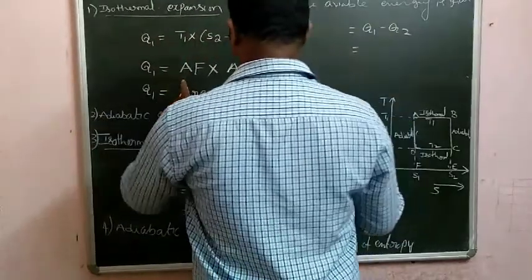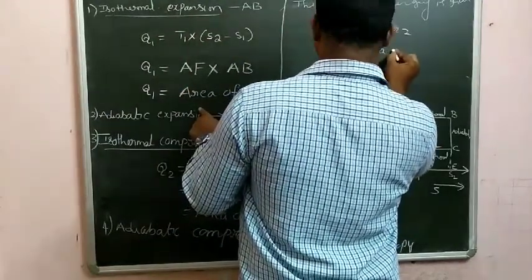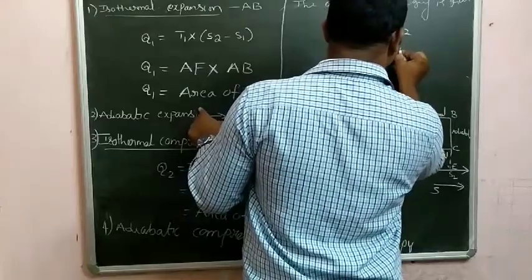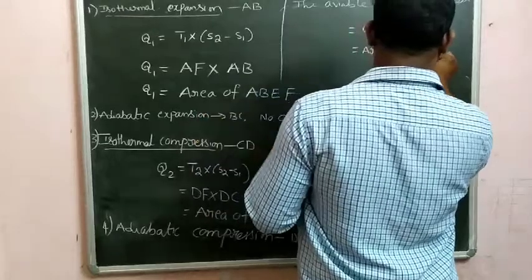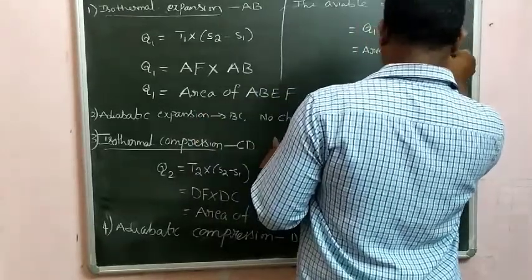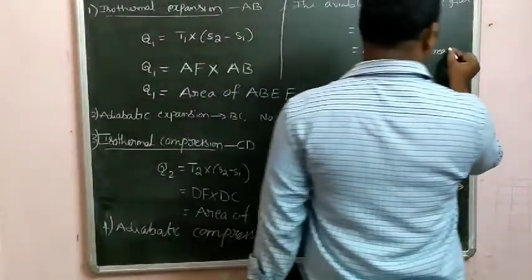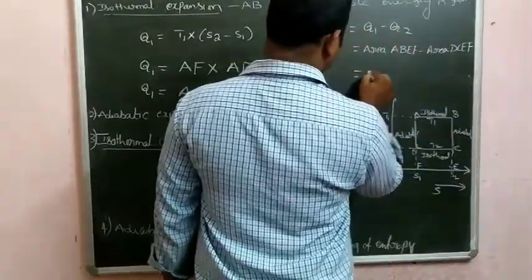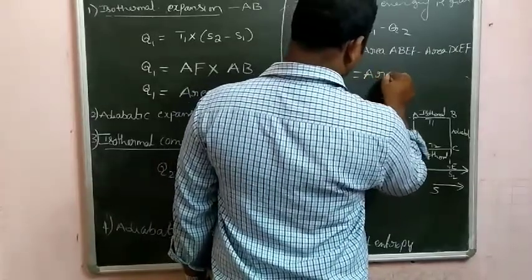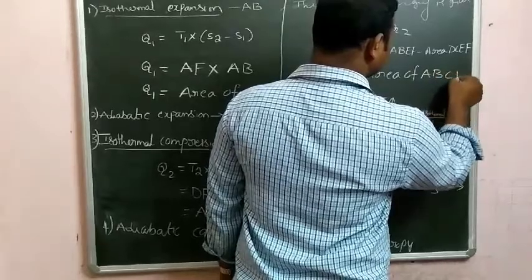Q1 is the area ABEF minus Q2, the area DCEF, that is equal to the area of ABCD.